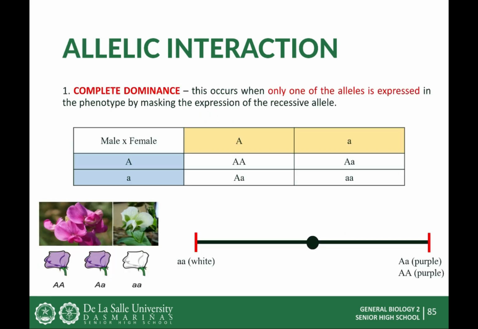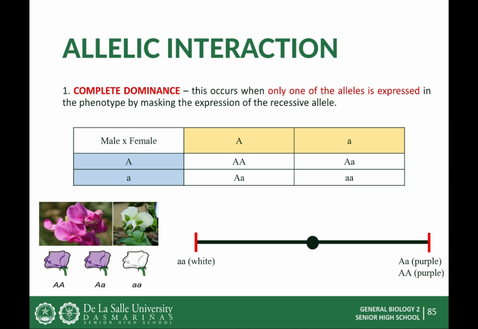So when we say complete dominance, one allele is expressed in the phenotype by masking the expression of the recessive allele. Therefore, when the dominant genotype is there, the dominant phenotype will come out. For example, we have here a purple flower.